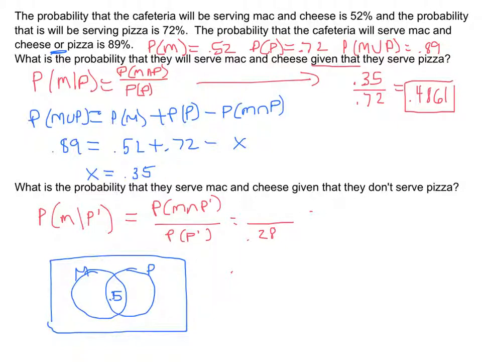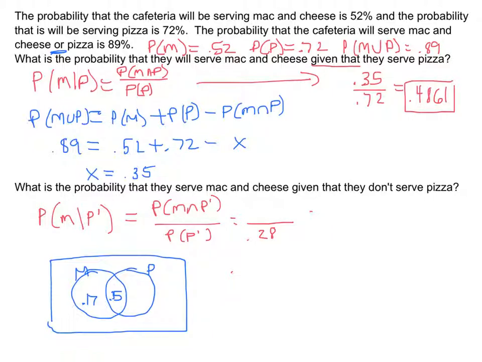That's 0.35. If M is 0.52, we subtract the 0.35 so that we get 0.17. Remember, if M is 0.52, that means it's the entire circle, which is why we did the subtraction.